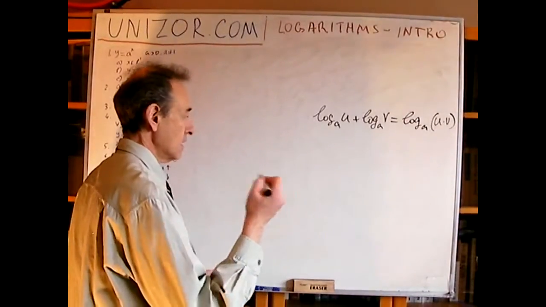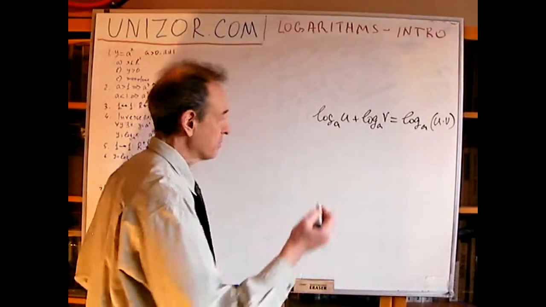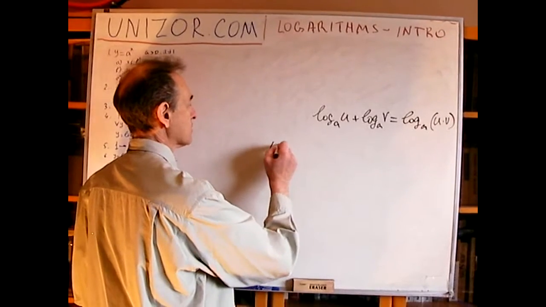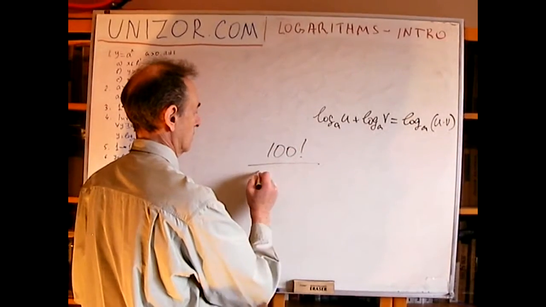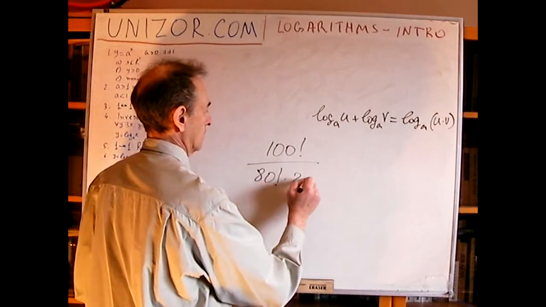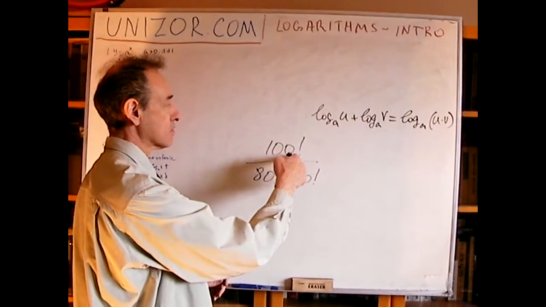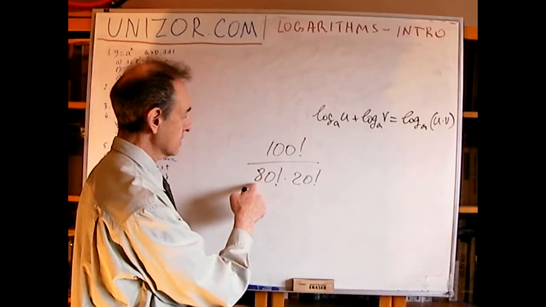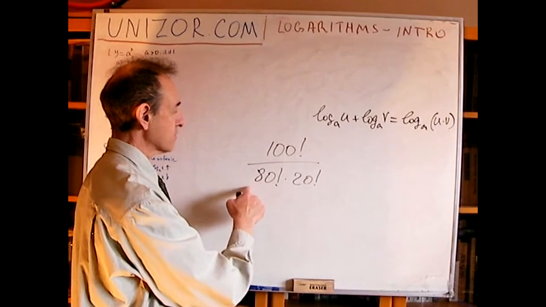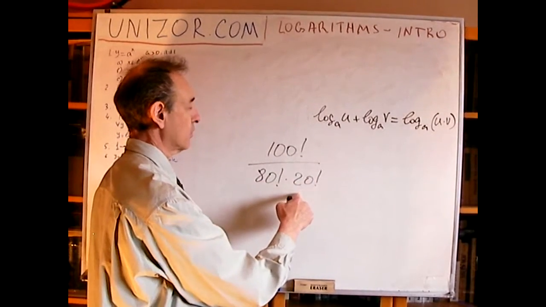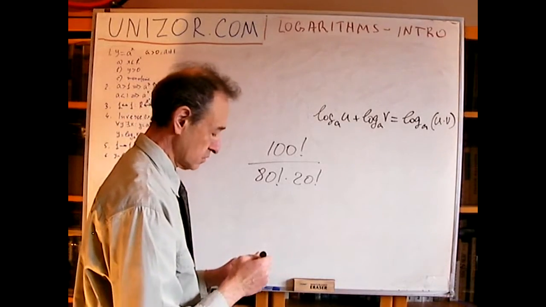So, in the calculation of this probability, I had to calculate something like this. Now, this is factorial. It means 1 times 2 times 3, etc. times 100. This is the product of all numbers from 1 to 80, and this is the product of all numbers from 1 to 20.